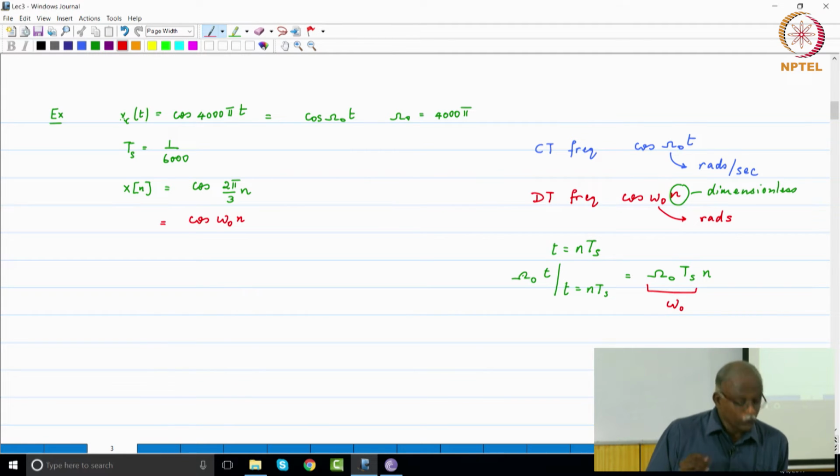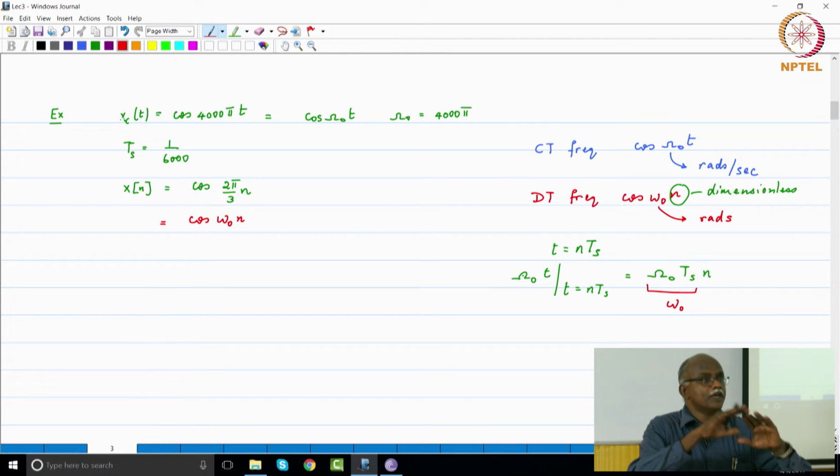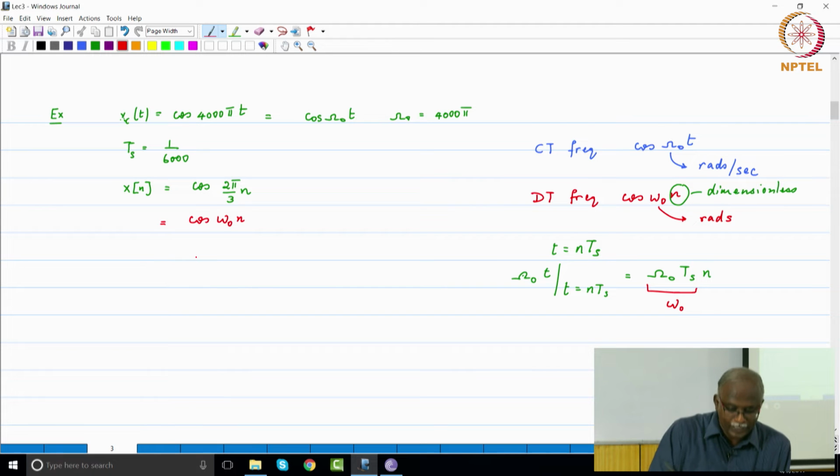Okay. So, the general overarching relationship between frequency in the continuous time and frequency in the discrete time is actually embedded in this example. I just wanted to highlight that.